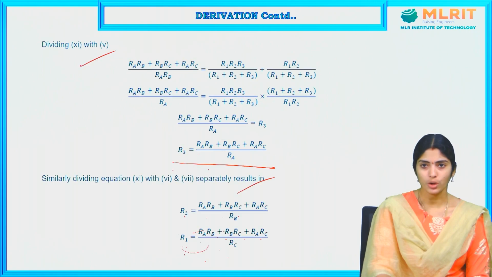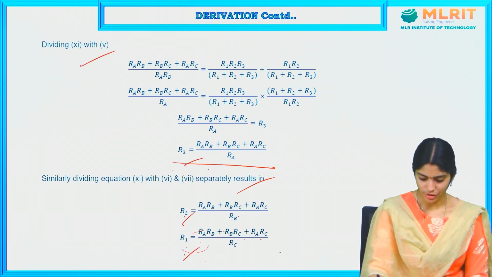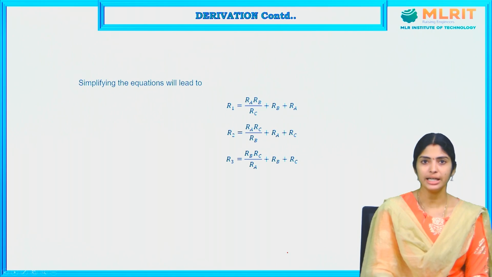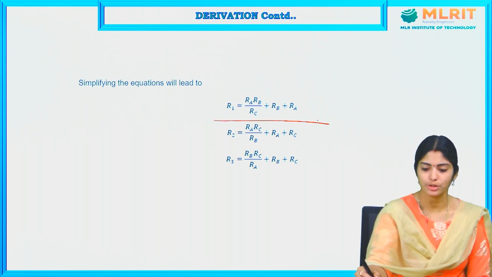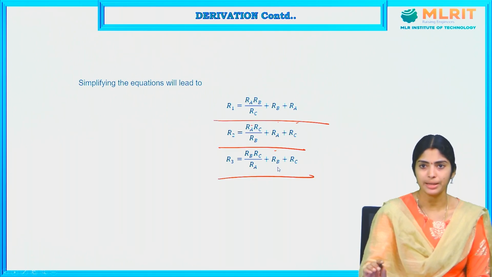If we sort out these equations for R1, R2 and R3, finally it gives R1 is equals to RARB by RC plus RB plus RA, R2 is equals to RARC by RB plus RA plus RC, R3 is equals to RBRC by RA plus RB plus RC.